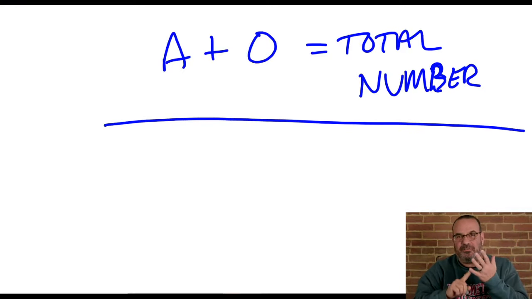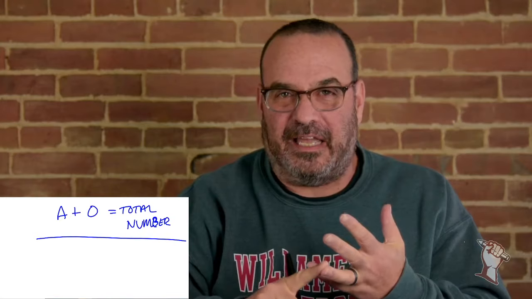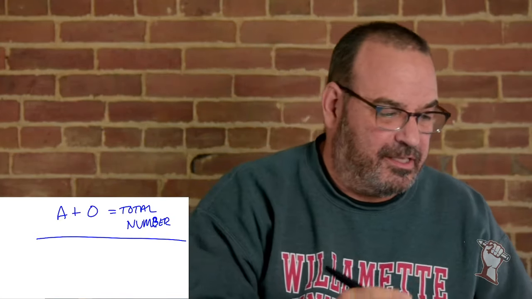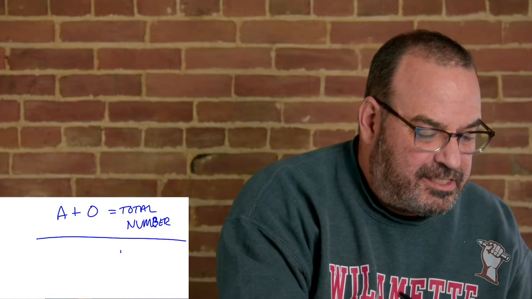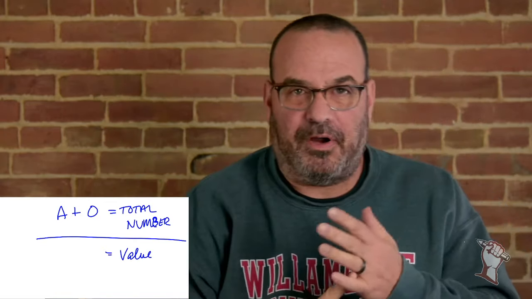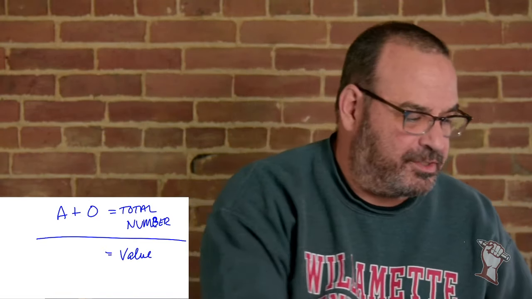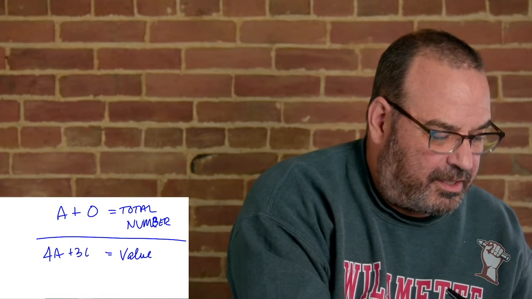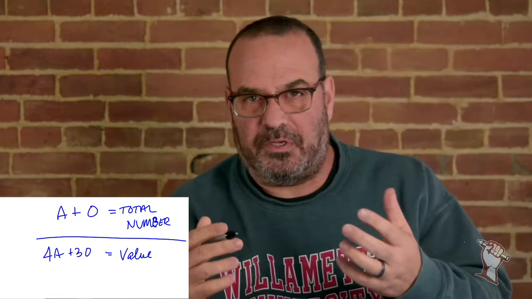So you take the two variables, or three variables as we'll see tonight, and you add them to get the total number. And then sometimes there's a value, which would be the price of apples and the price of oranges. So let's say apples are $4 and oranges are $3, and the whole thing together is worth so much money.